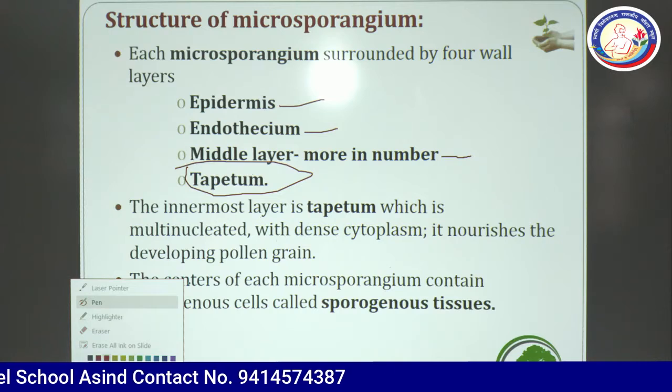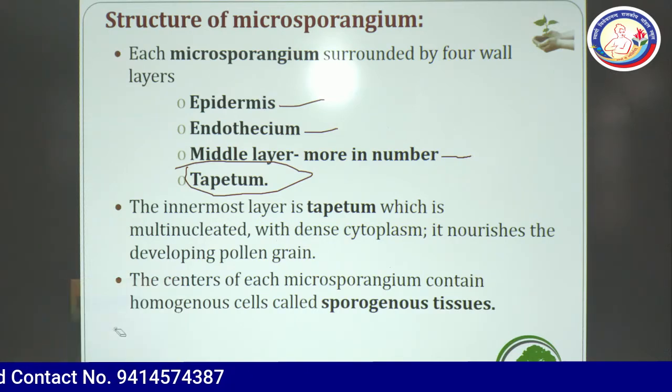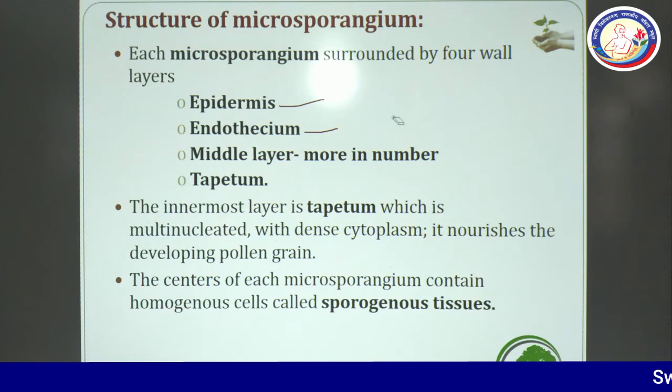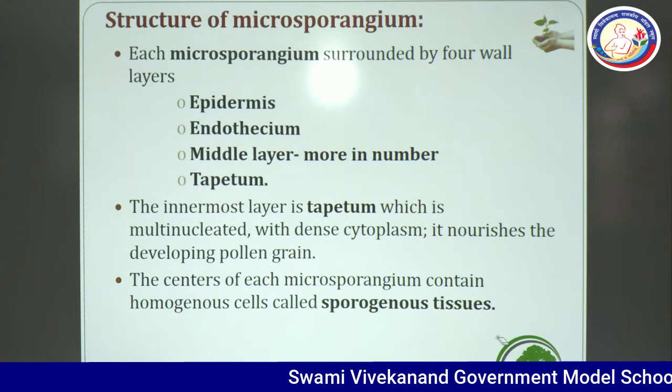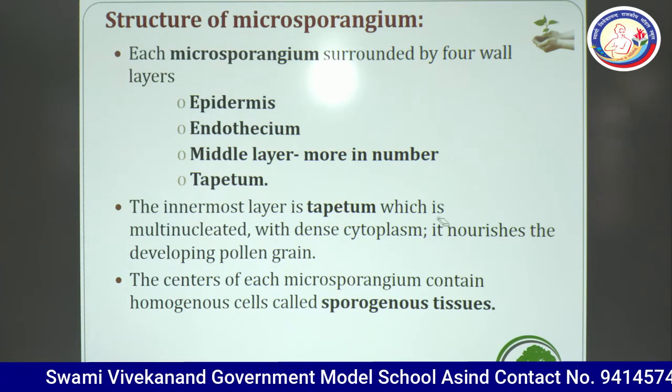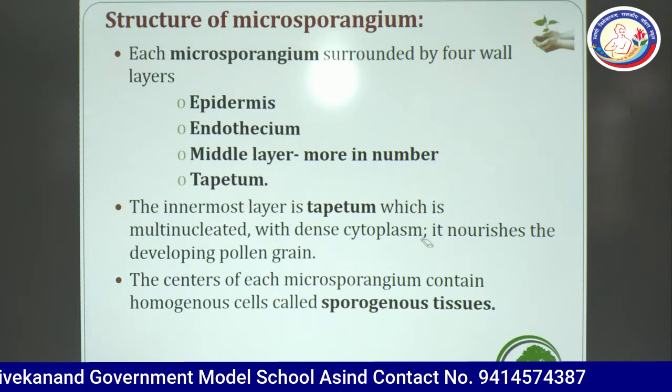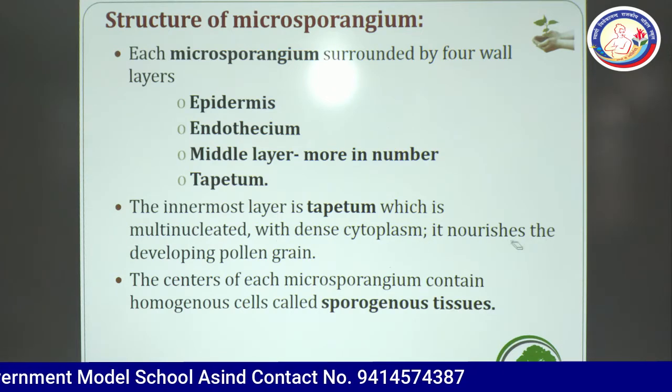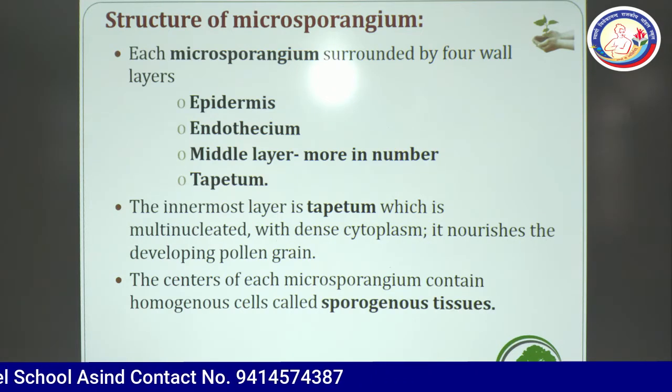The innermost layer, which is the most important part of the stamen, is known as the tapetum. The tapetum plays a vital role in the nourishment of pollen grains. So you can see the innermost layer is the tapetum, which is multinucleated with dense cytoplasm. It nourishes the developing pollen grains.